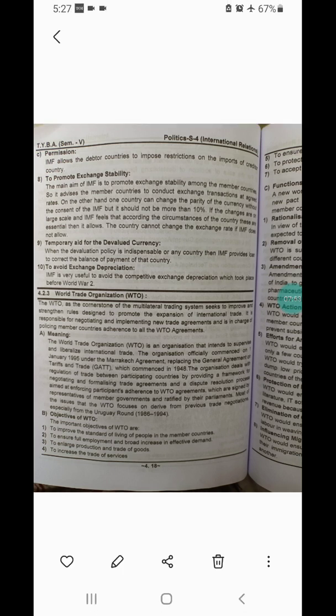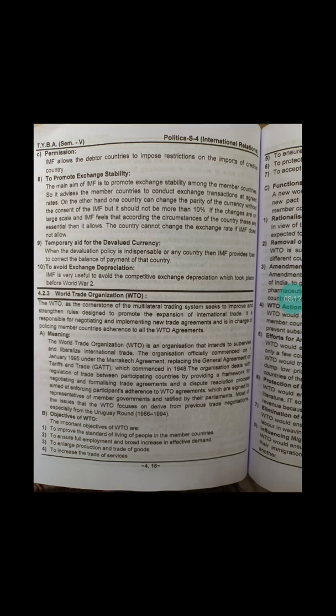किसके बीच में? Between participating countries by providing a framework for negotiation and formalizing trade agreements and dispute resolution process aimed at enforcing participants' adherence to WTO agreements, which are signed by representatives of member governments and ratified by their parliaments.